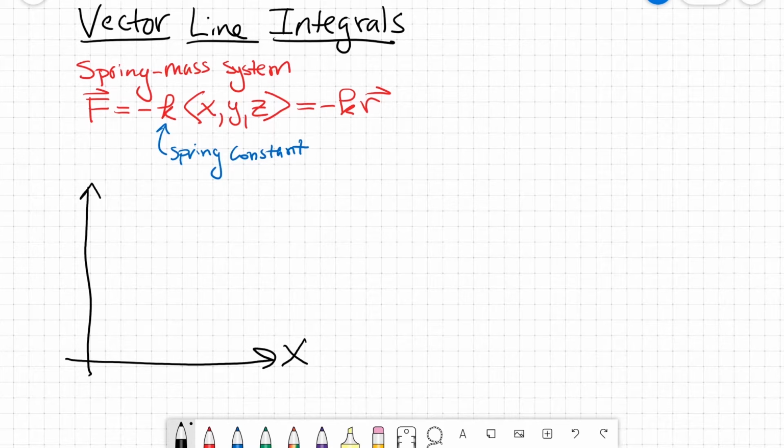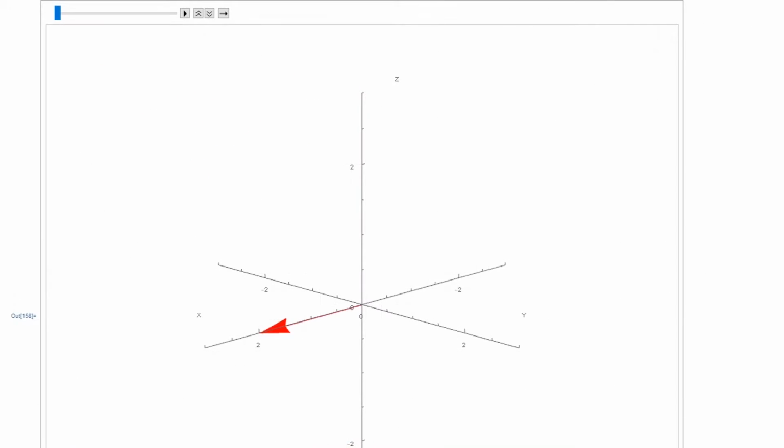Here I'm labeling the x-axis, the y-axis, and the z-axis is coming out of the page. So let's take our spring mass system, set the mass and spring constant equal to 1, the initial position along the x-axis at x equals 2, and nudge this in the direction of positive y with initial speed of 1 meter per second. What we get is this elliptical motion on the xy plane.